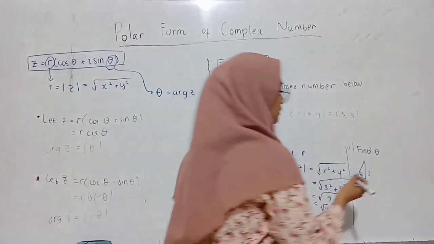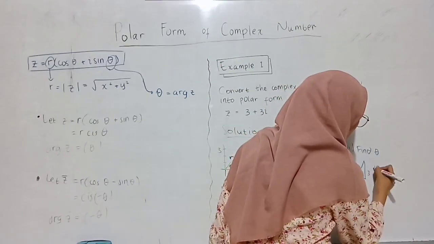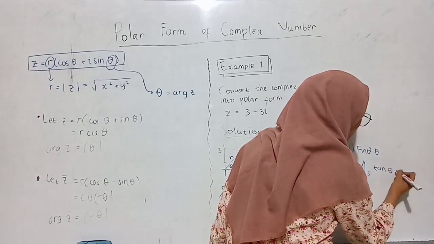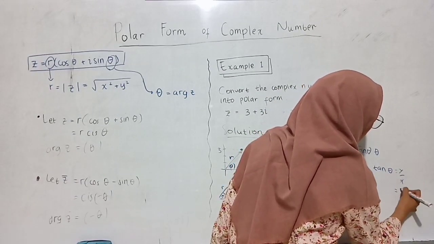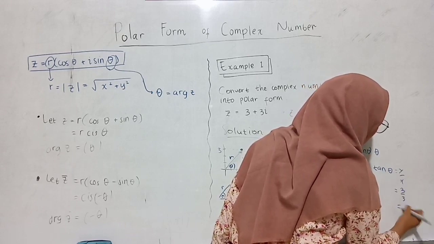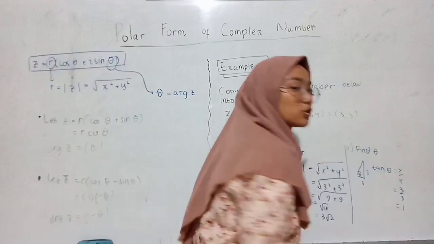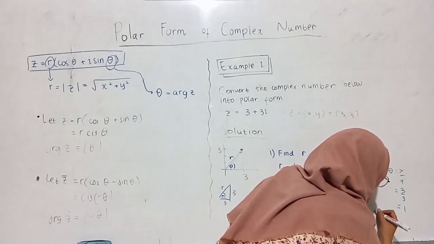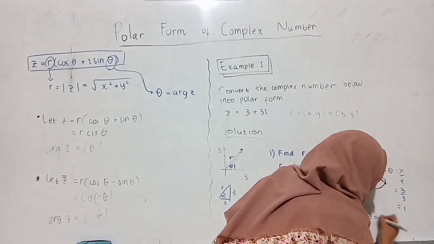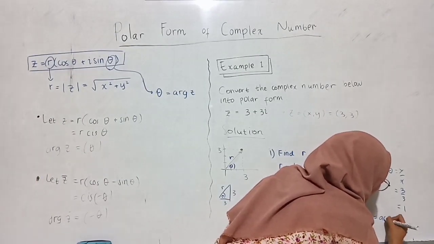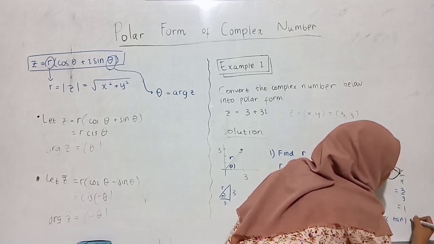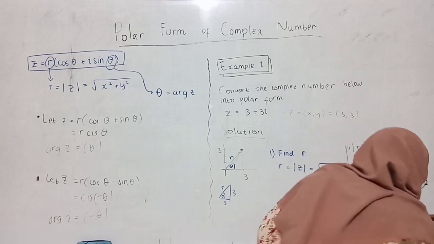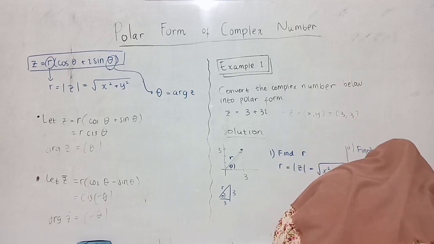Using tan theta equals y over x, which equals 3 over 3, which equals 1, we get theta equals arctan 1, which equals pi over 4.